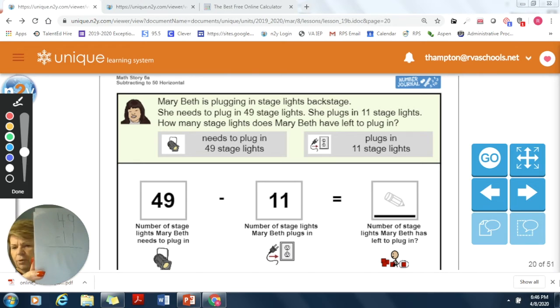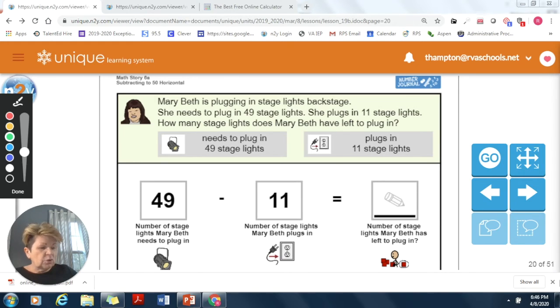So we have 49 minus 11. Now, what is going to be the best way for us to solve our problem? Let's think about that. We could draw our dots. We could draw hash marks for each place value. What will be the best way to solve our problem? Well, why don't we draw hash marks? And let's see if that helps us.